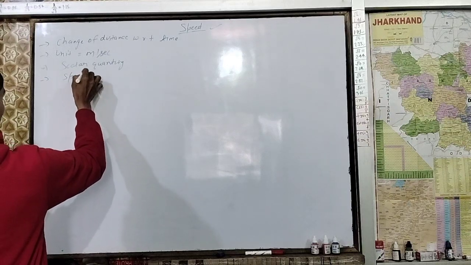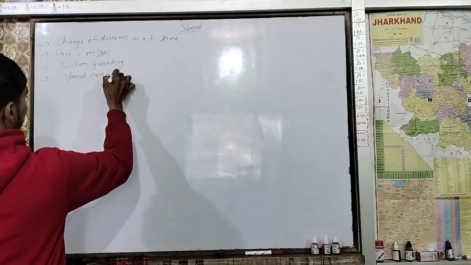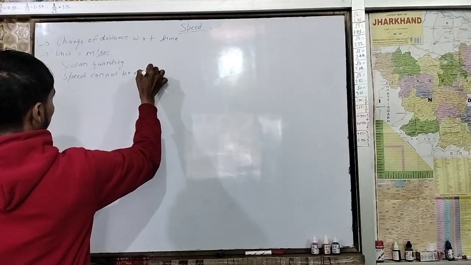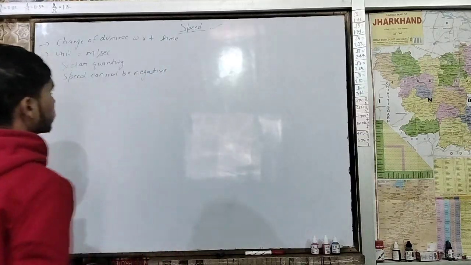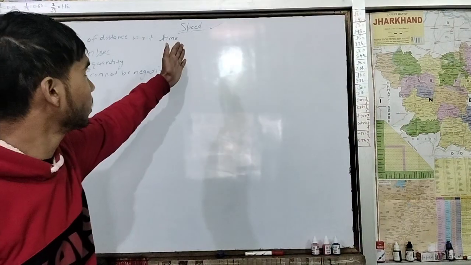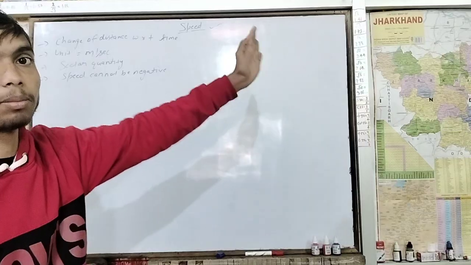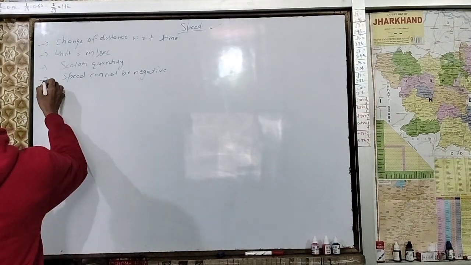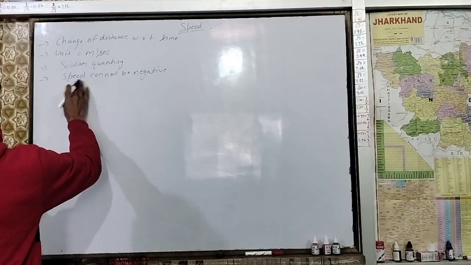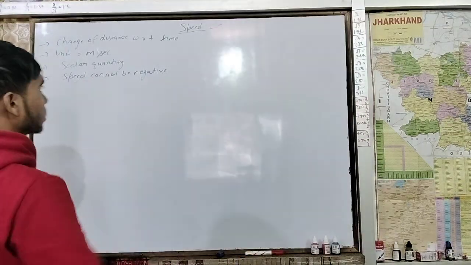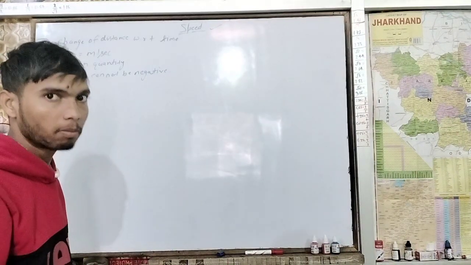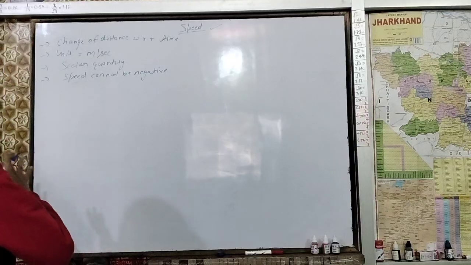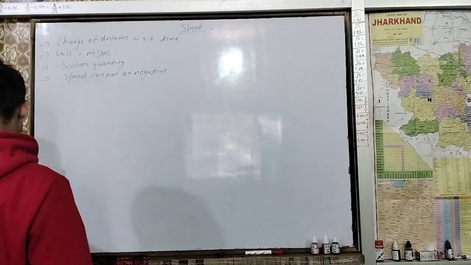Speed cannot be negative. Remember this is a truth. It will be positive, or it might be zero. Velocity can be negative, positive, or zero, but speed is never negative.